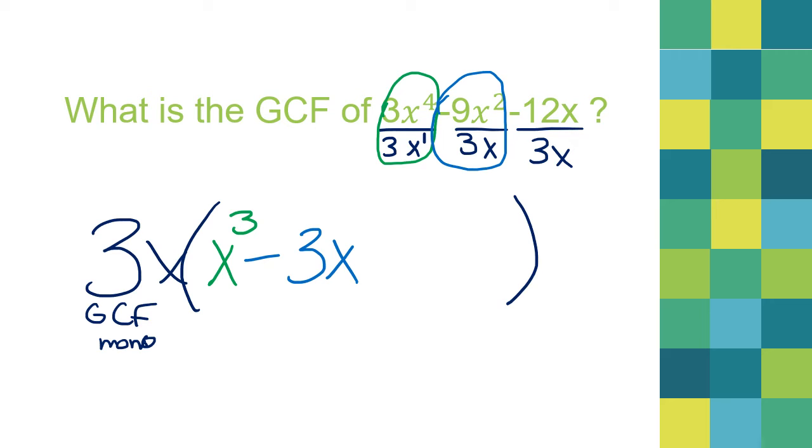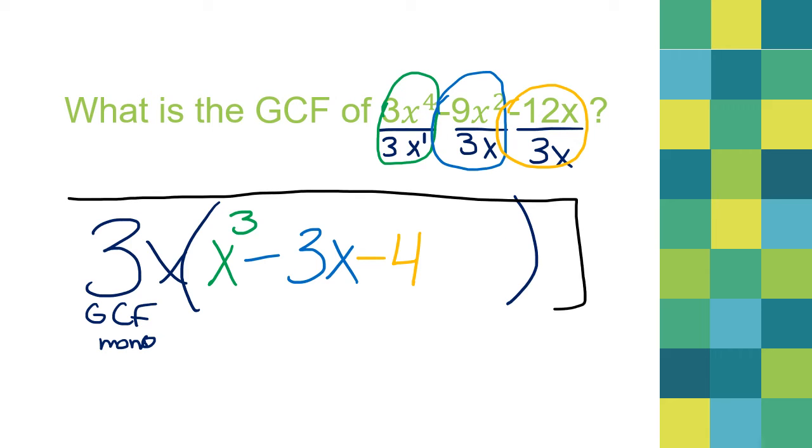And our last term, negative 12 divided by 3, watch your signs, negative 4. x divided by x is 1. So I just leave it as a 4. I don't need to write 4 times 1. That is unnecessary. So what I have written is now my factored form of my polynomial.